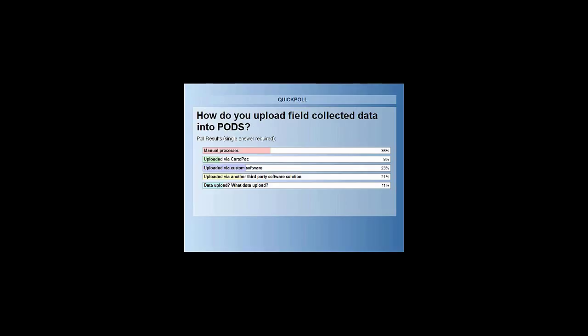So don't know, don't have anything in place yet. And then 9% is uploaded via CartoPac, so that's great. In that first manual process, that was 36%. So a majority of you, 36%, currently have a manual process in place.